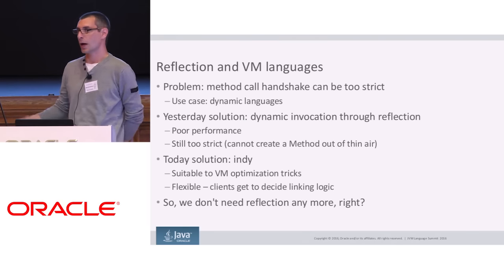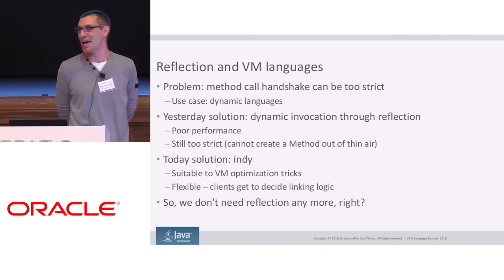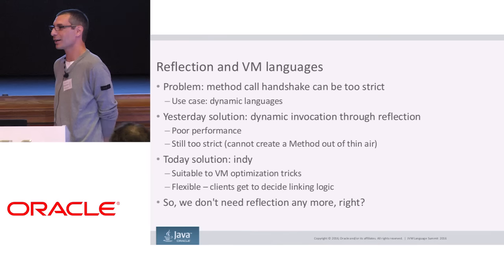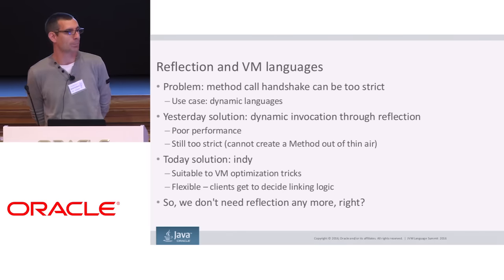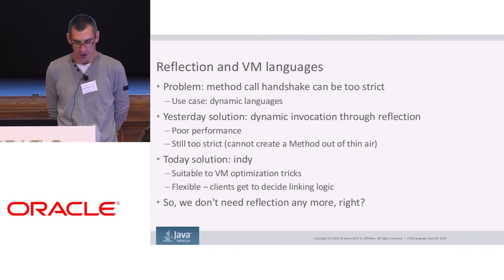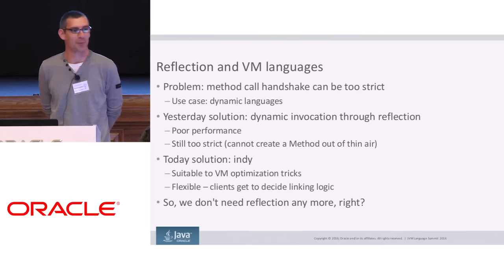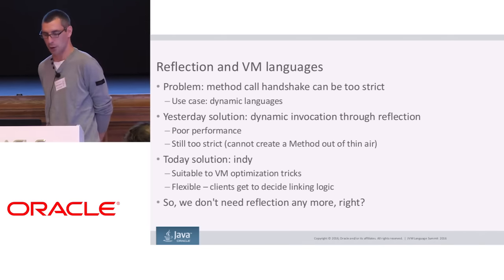And you may now ask, well, why do I care? I am a JVM expert or a JVM guru, why do I care about reflection? Well, it turns out that a few years ago we were discussing implementing languages on top of the VM, and Charles has a very good blog entry about what are the main issues with trying to implement a language on top of the VM.